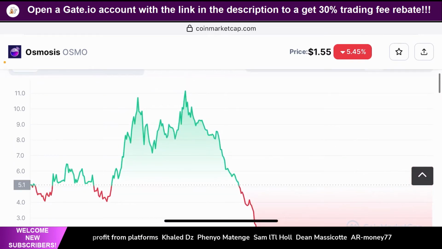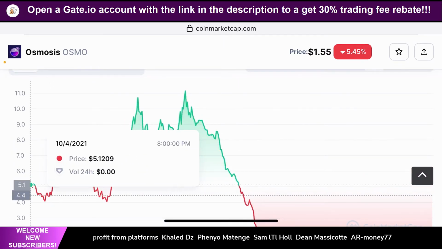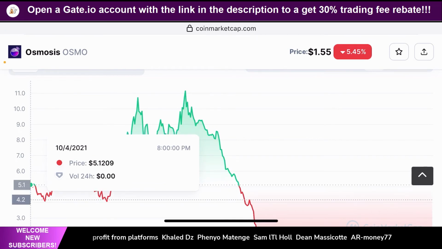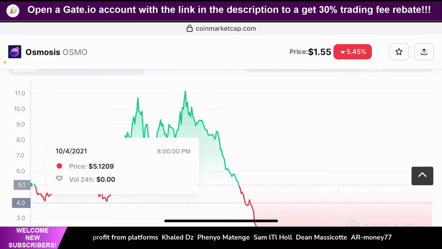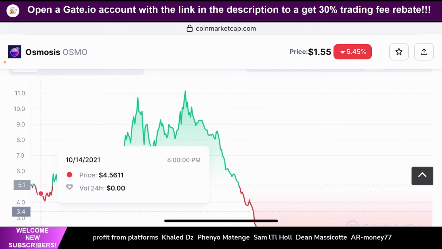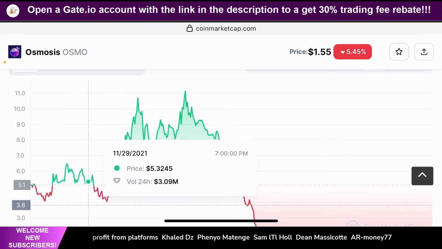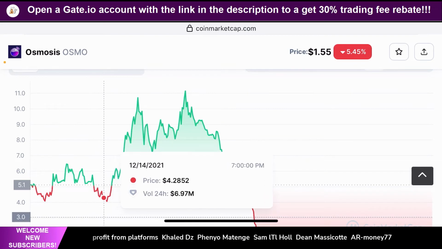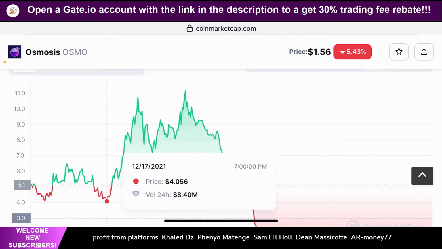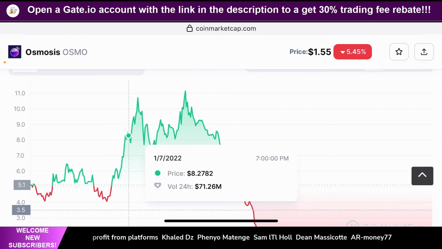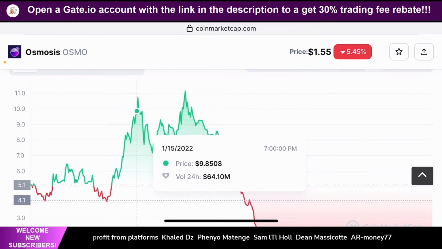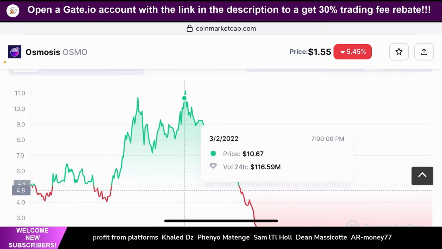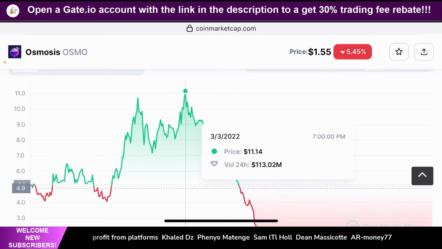But if you see, the initial price of this token was $5.12 as of 10th of April 2021, and then it went down, and then was mostly making short-term gains for people who invested early on, until it dumped to a price of $4.05 as of 17th of December 2021, and then from there it started shooting up, reaching its first all-time high of $9.85, took a small breather, and then made its current all-time high of $11.14 as of 3rd of March 2022.